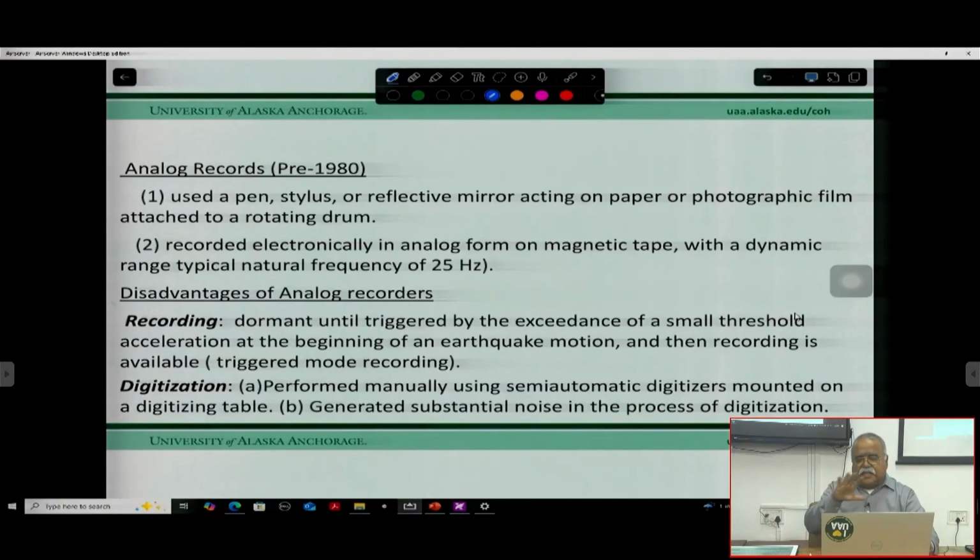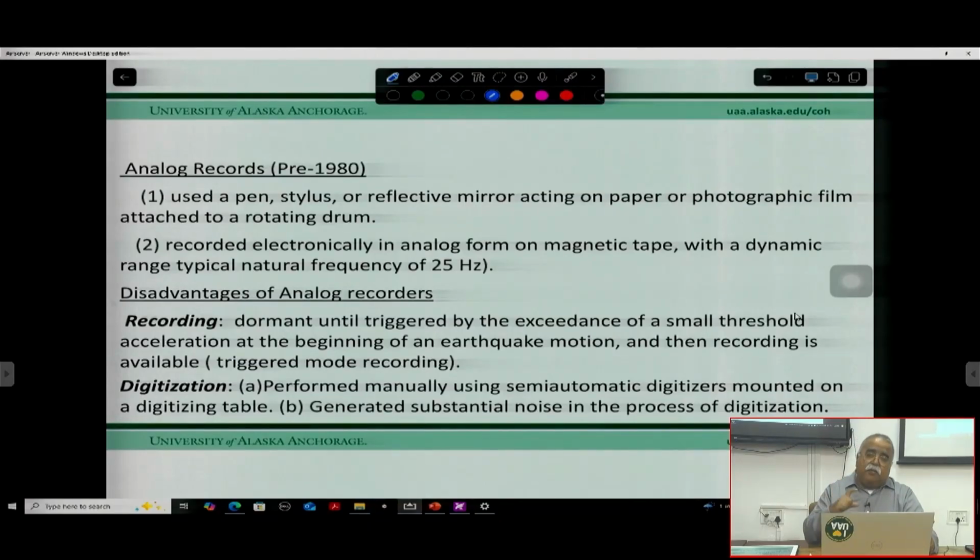So the sensor will only sense the ground motions, take the electric voltage and send it to the recorder, and then the recorder will take the data, process it, and ultimately put it onto a format that you want. That format we'll be discussing afterwards. But the recorder part is to record and do the initial processing, including the filtering and all these things. So that will be done.